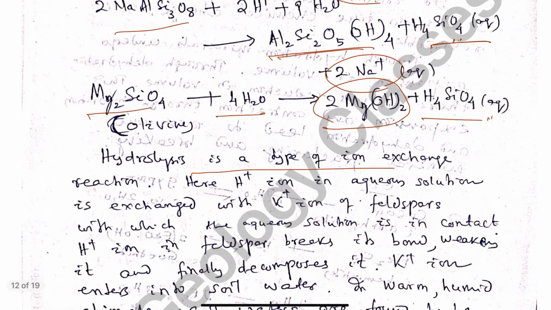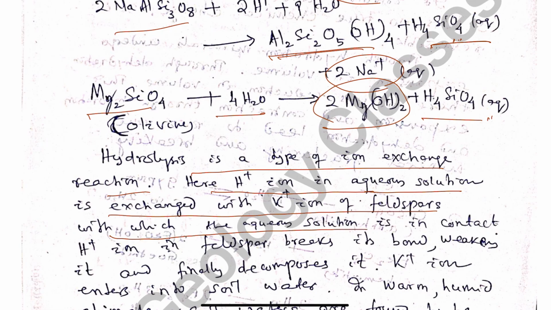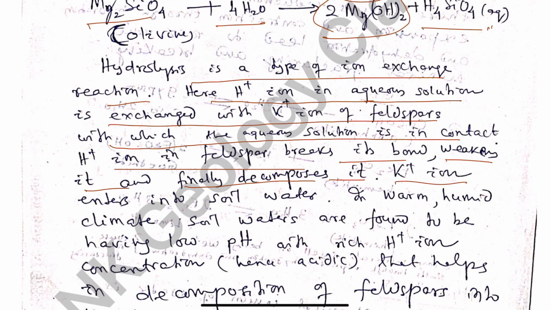So hydrolysis is a type of ion exchange reaction where hydrogen ion in aqueous solution is exchanged with potassium ions in feldspars with which the aqueous solution is in contact. H plus ion in feldspar breaks its bond, weakens it and finally decomposes it. The potassium ion enters into the soil water.